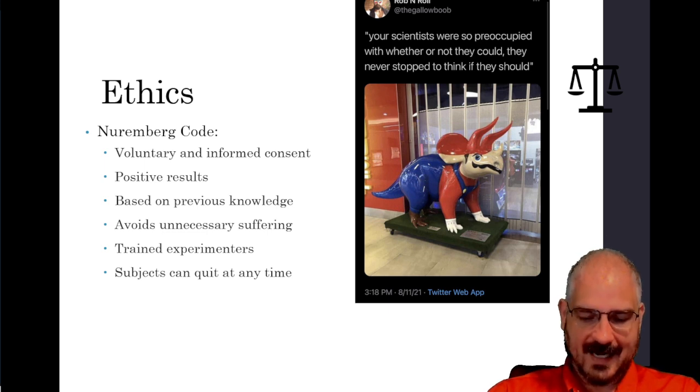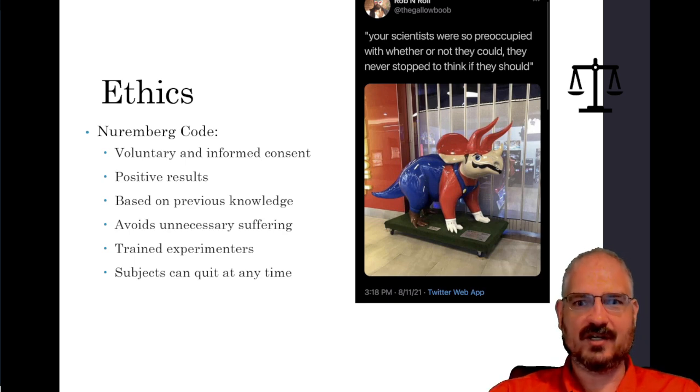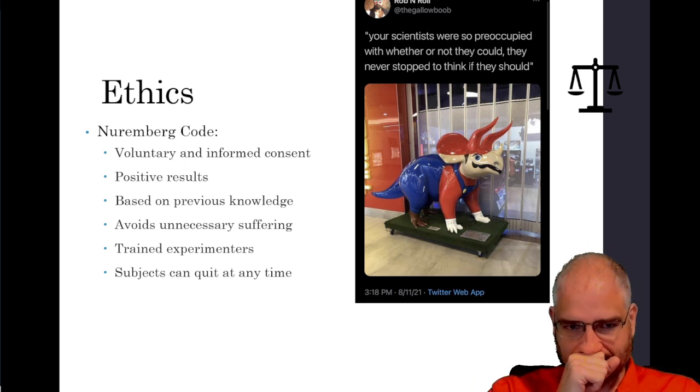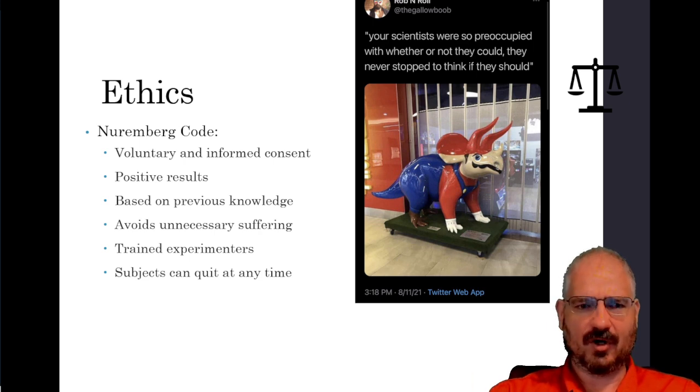One of the things that happened afterward to try to prevent that from ever happening again was the Nuremberg Code. The trials of these Nazi criminals took place at Nuremberg, thus this code was named after that. I believe it was also developed in Nuremberg at around the same time and in close proximity to this trial. So it's called the Nuremberg Code.